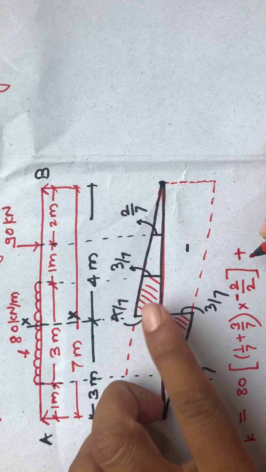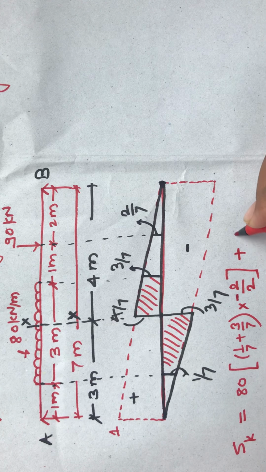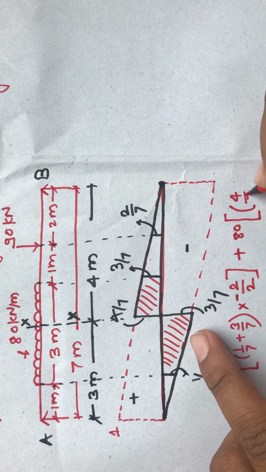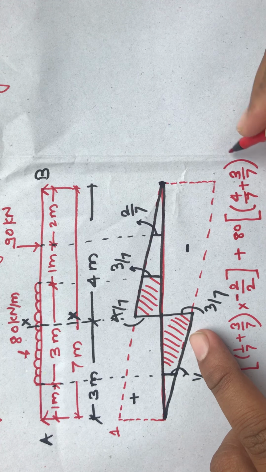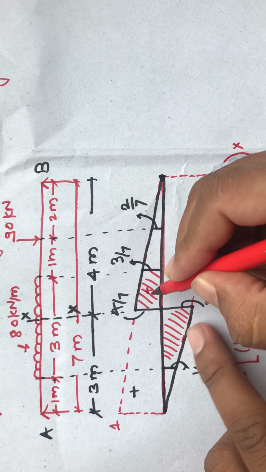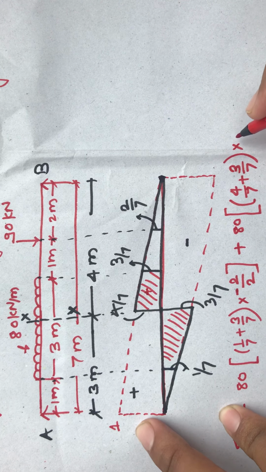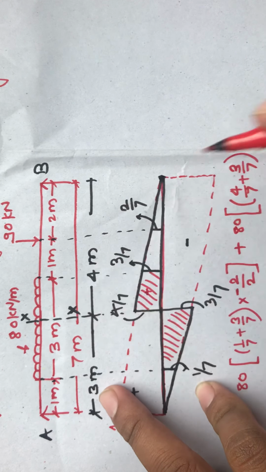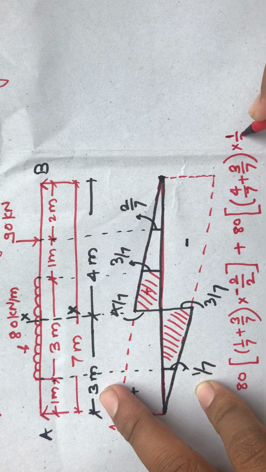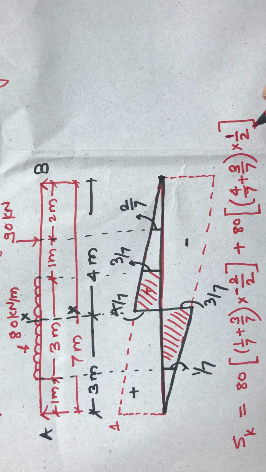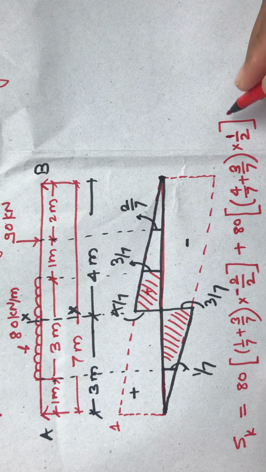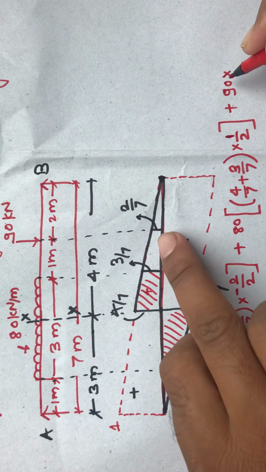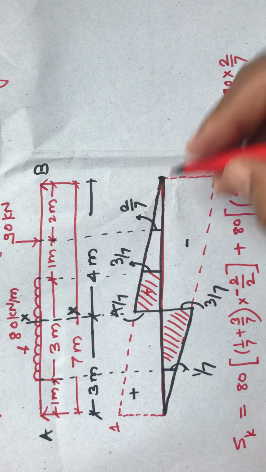Now plus, the intensity 80, in bracket 4 by 7 plus 3 by 7, into, now it is the positive diagram, this is for VA, so plus, height is now 1, so 1 by 2. Now plus, the load 90 into 2 by 7, plus, it is the positive diagram.